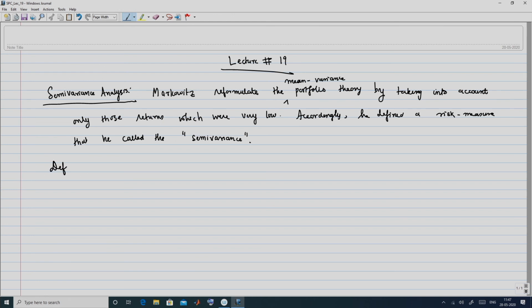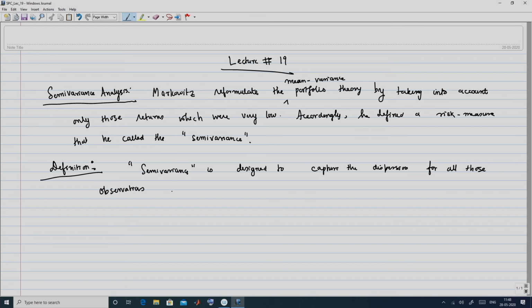So, we start off with the definition of semi-variance. So, this semi-variance is designed to capture the dispersion for all those observations that fall below a certain level or threshold.